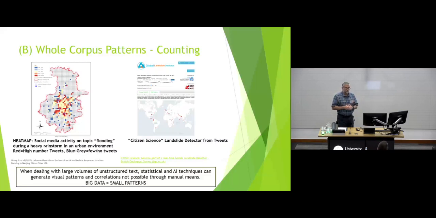And then on the right is from a collaboration with the British Geological Survey. There's something similar with earthquakes as well, which is detecting when people are tweeting around landslides, either through photographs or through text.